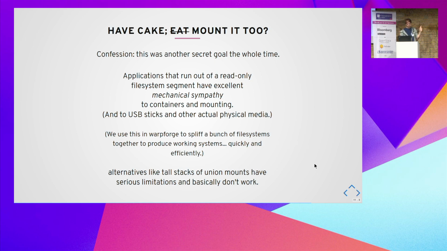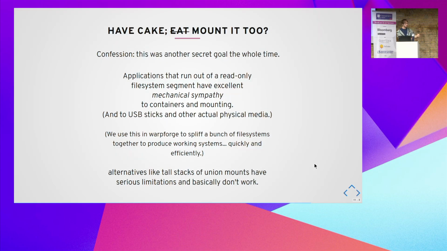You might be thinking of projects which have tried to do easy composition of systems and executables by using union mounts, or now we call them overlayFS, where you can stack up many layers of file systems. This is a little different, right? Because we're stacking a bunch of file systems as siblings, where the mount depth there is 1. It's just a bind mount. Whereas overlayFS stuff is building these layers. overlayFS has scaling problems.